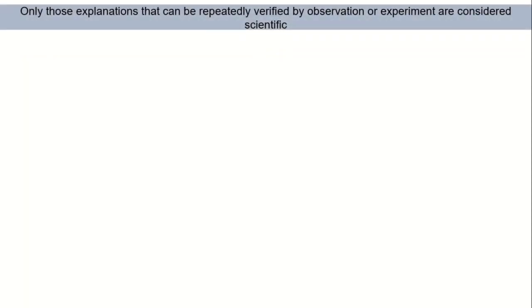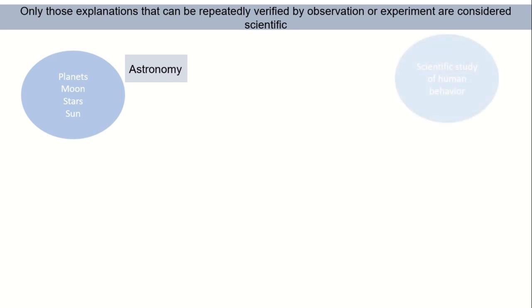To understand clearly what a scientific explanation is, I will give a brief example. Only those explanations that can be repeatedly verified by observation or experiment are considered scientific. We know astronomy observes planets, moon, stars, and sun. Let's look at psychology. It is the scientific study of human behavior.